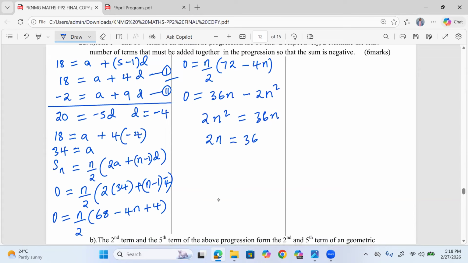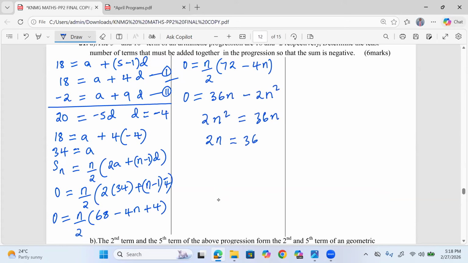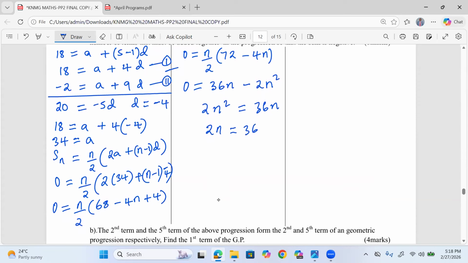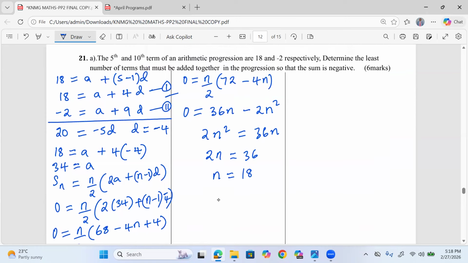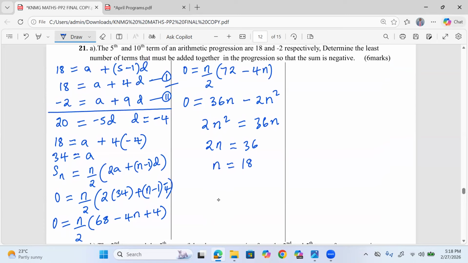No, let me check, sorry. 72 over 2 is 36, yeah? So when you divide by 2 now, it has to become 18. So the first 18 terms will give us a sum of 0.